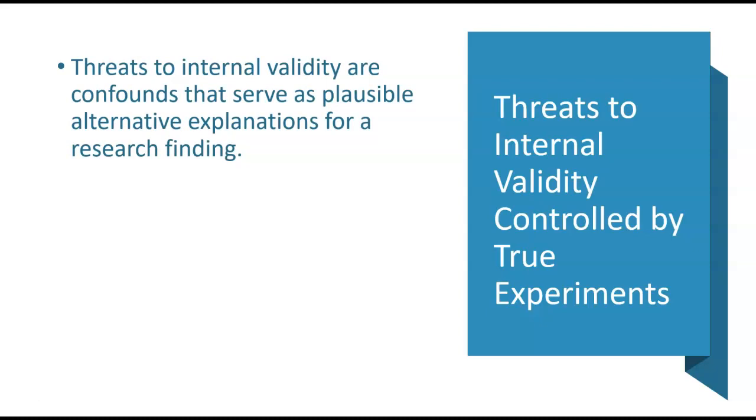There are many different threats to internal validity. We've touched on a few of them as we've moved through this course, but we need to look at them much more carefully now that we're this far in. We often call threats to internal validity confounds.